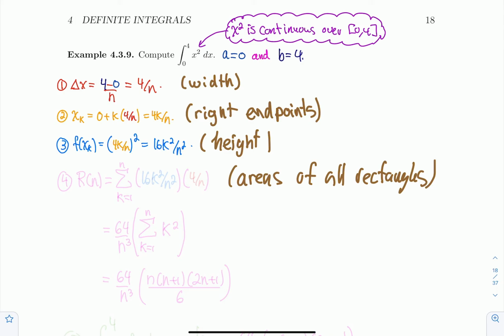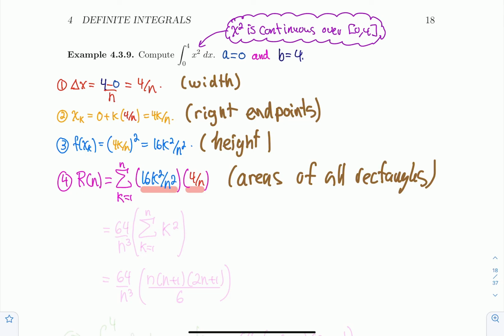Rn is always the sum of all rectangles from the first one to the last one: sigma from k equals 1 to n of f of xk, the height of the kth rectangle, times delta x, which is the width of every single rectangle. That's always the first line of the computation. Rn is the sum of f of xk, which in our case is 16k squared over n squared, times delta x, which in our case is 4 over n.